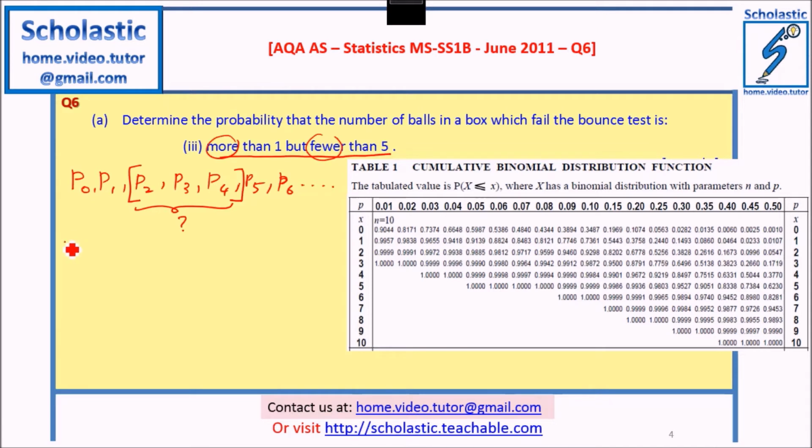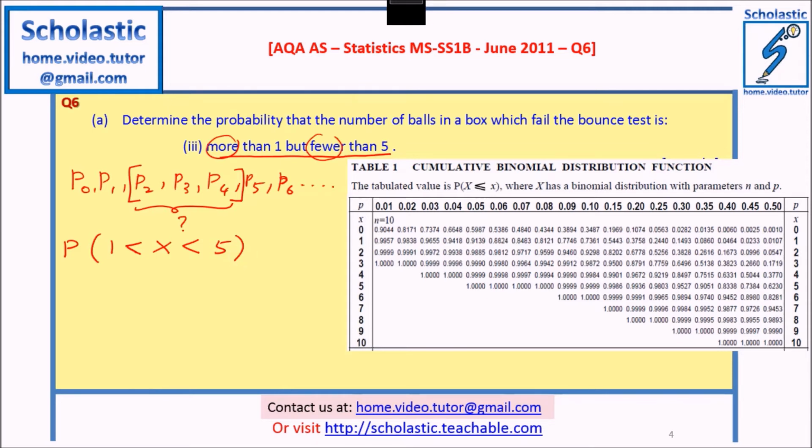That means our probability is equal to 1 less than x less than 5. That is the more than 1 but fewer than 5. More than 1 is not included, fewer than 5 is not included.